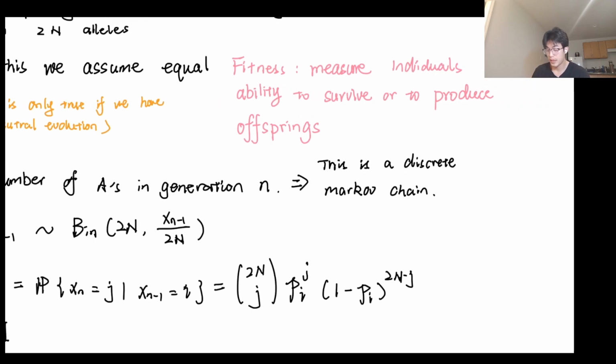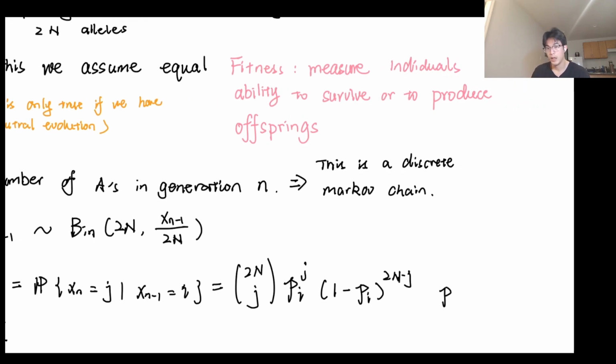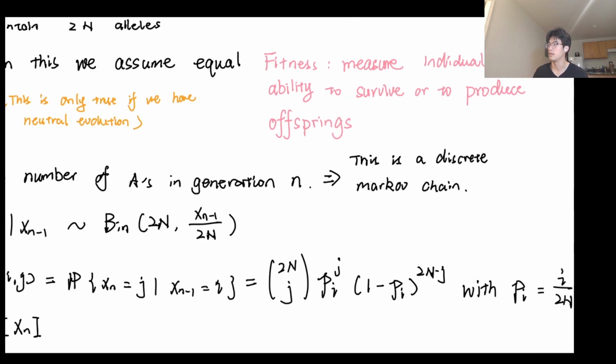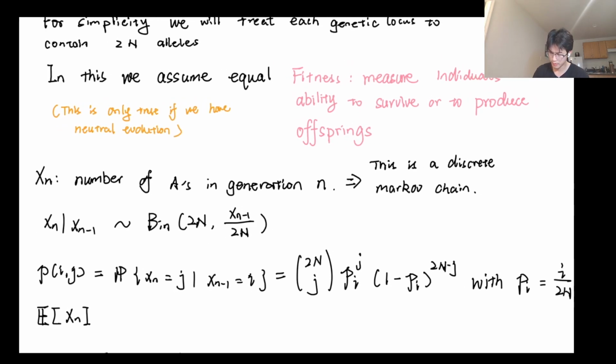And this pi is the probability of successfully selecting a big A from the previous generation, and we have gotten it here. Pi is i over 2n. I here is the number of big A's in generation n minus 1. You can see it here.